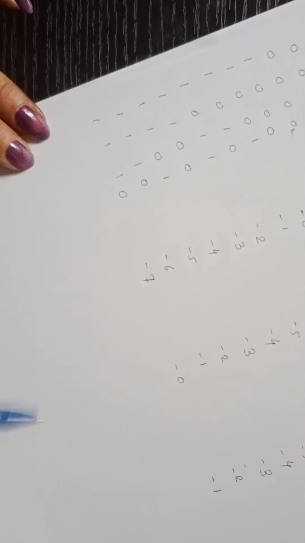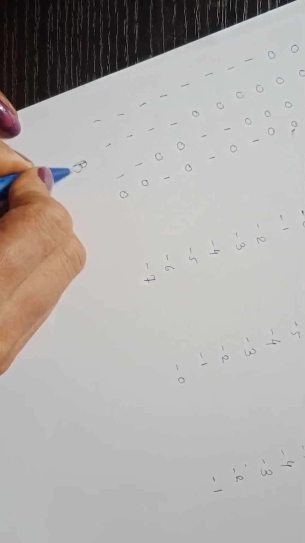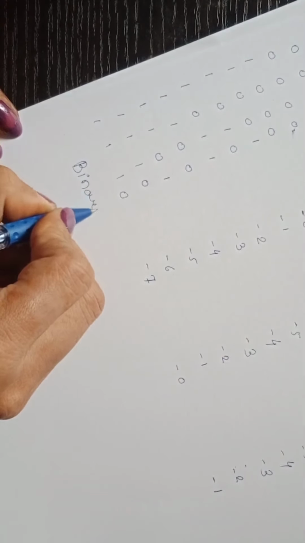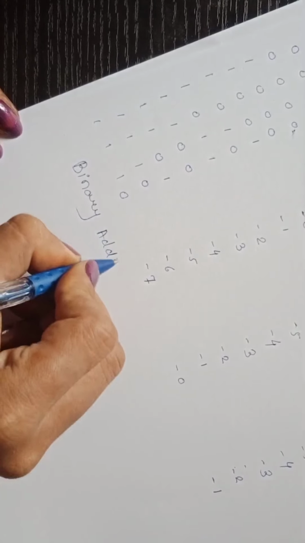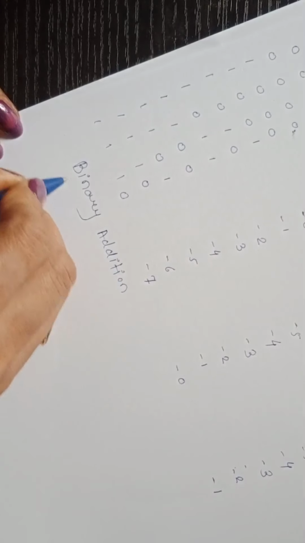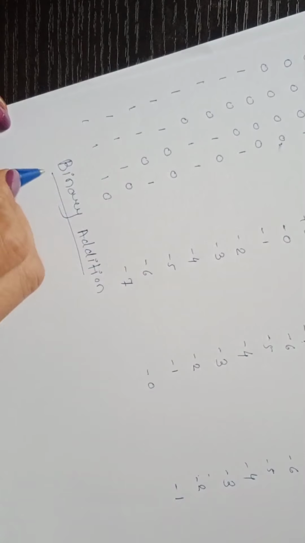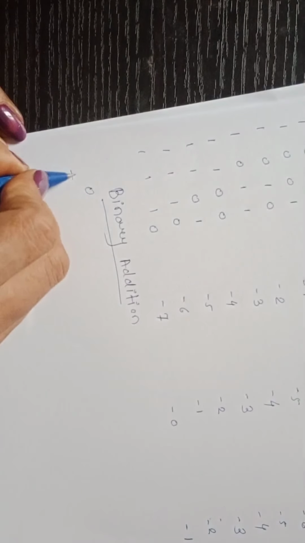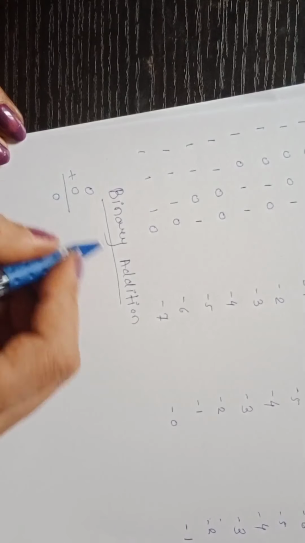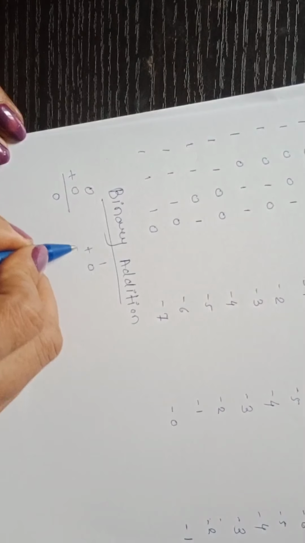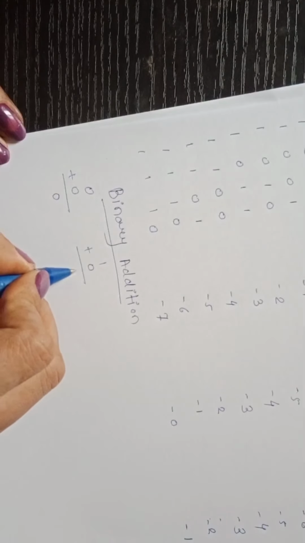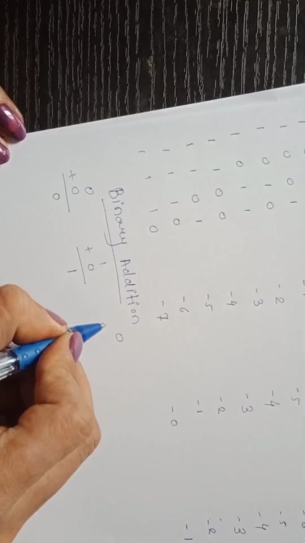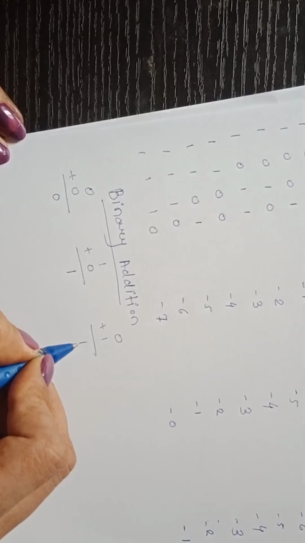First we will take some simple examples of binary addition. First let's consider 0 plus 0, it is 0. If we add 0 plus 1, then it will become 1. And 1 plus 0, again it will become 1.